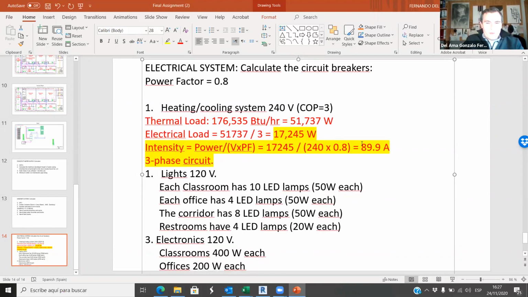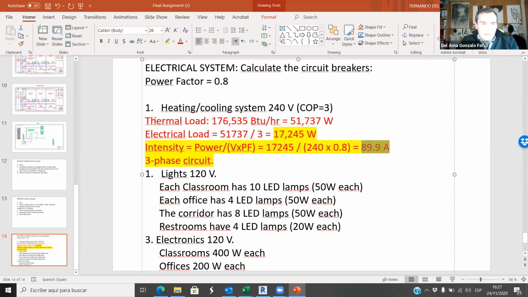If we find that we have a circuit breaker that is not a commercial one, then we need to turn this circuit into a three-phase circuit because it will be safer and better. But I want you to focus on that.